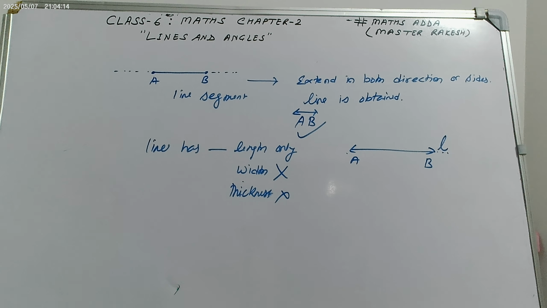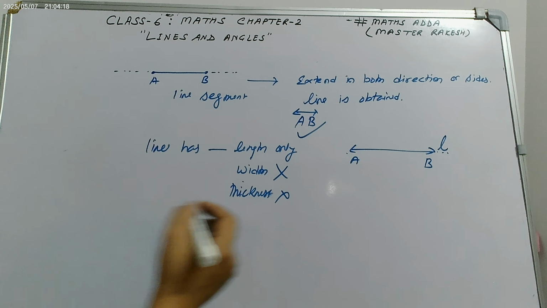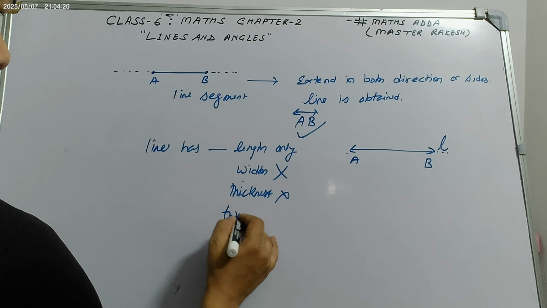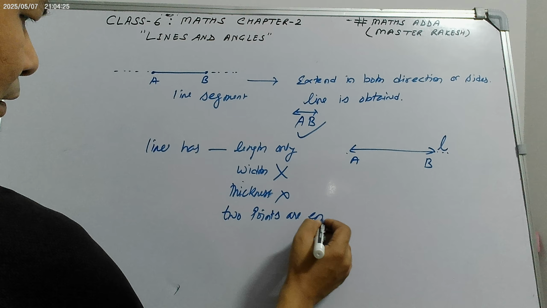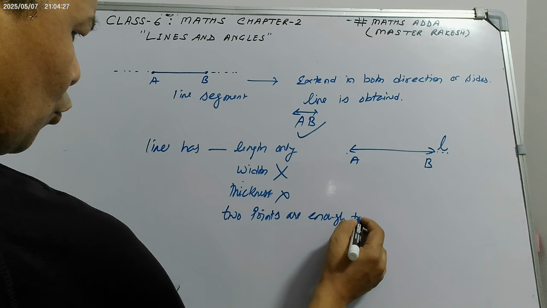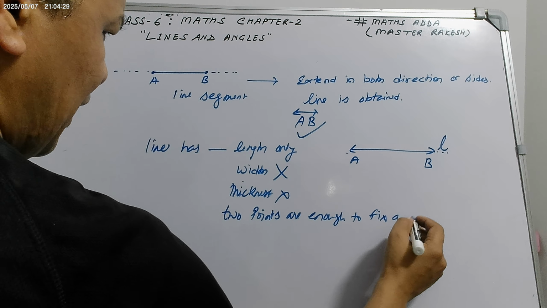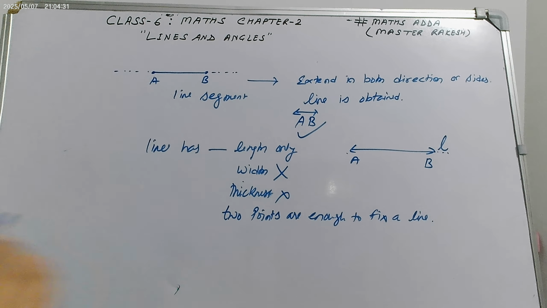In other words, 2 points are enough to fix a line. These are the characteristics. 2 points are enough to fix a line. So a line has length only, it has neither width nor thickness.